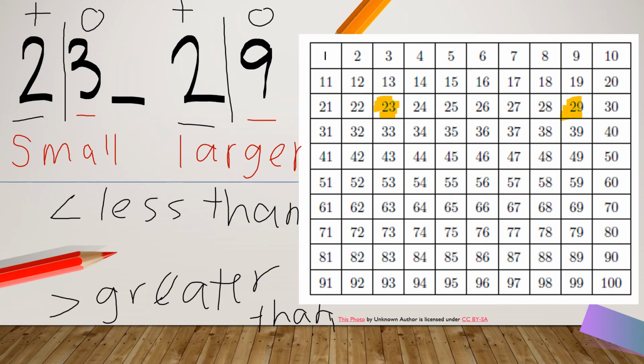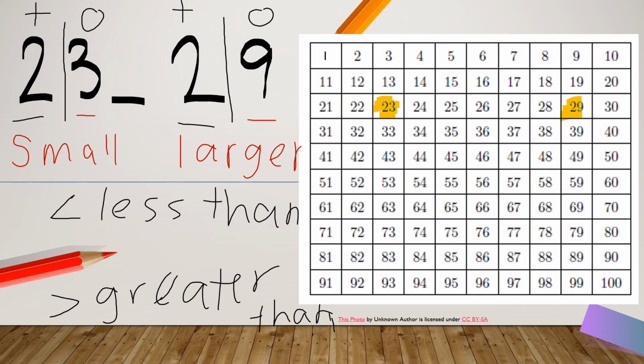So let's see. If I put this one, I would say 23 is less than 29. Does that make sense? Let's do the next one. Can I say that 23 is greater than 29? I don't think so, because 23 is my smallest number and it's not greater than 29.